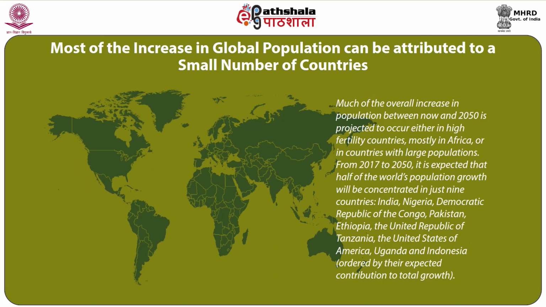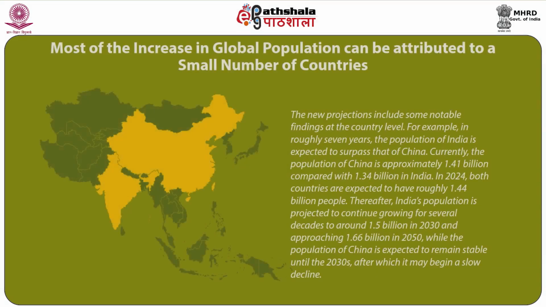From 2017 to 2050, it is expected that half of the world's population growth will be concentrated in just 9 countries: India, Nigeria, Democratic Republic of the Congo, Pakistan, Ethiopia, the United Republic of Tanzania, the United States of America, Uganda and Indonesia. They are ordered by their expected contribution to total growth.